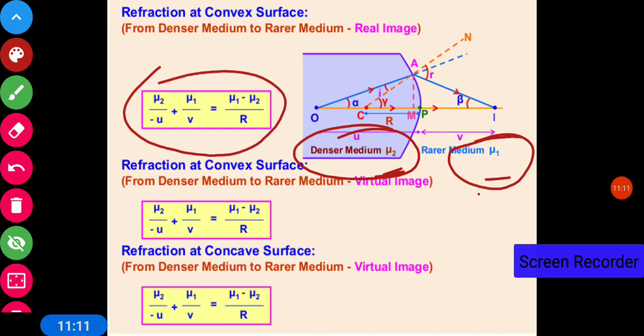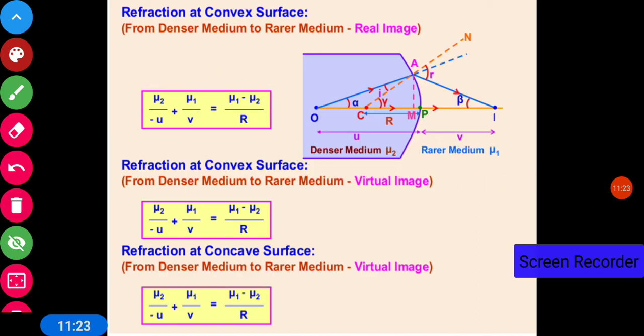So the change will be mu2 upon minus u, because the refractive index of the medium in which the object lies comes on u. So this is mu2 upon u, and here mu1 upon v, and again image minus object, so mu1 minus mu2 upon r. This is the easy way to remember: minus mu2 upon u plus mu1 upon v is equal to mu1 minus mu2 upon r.